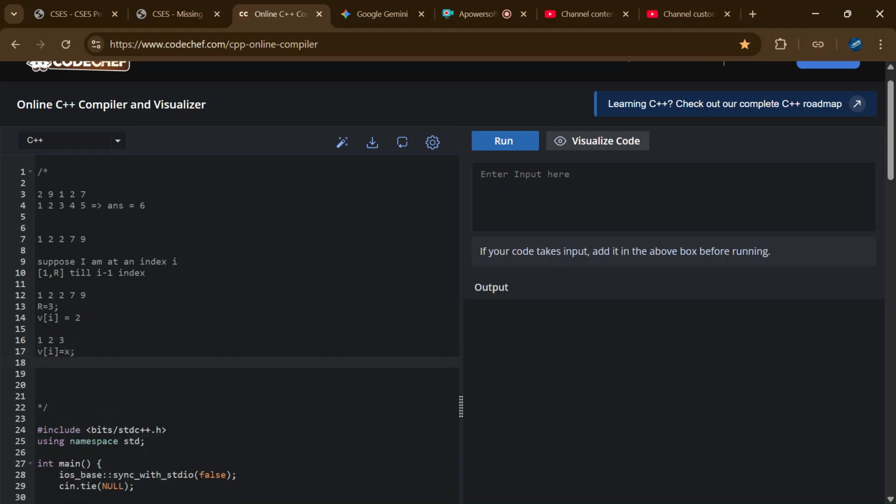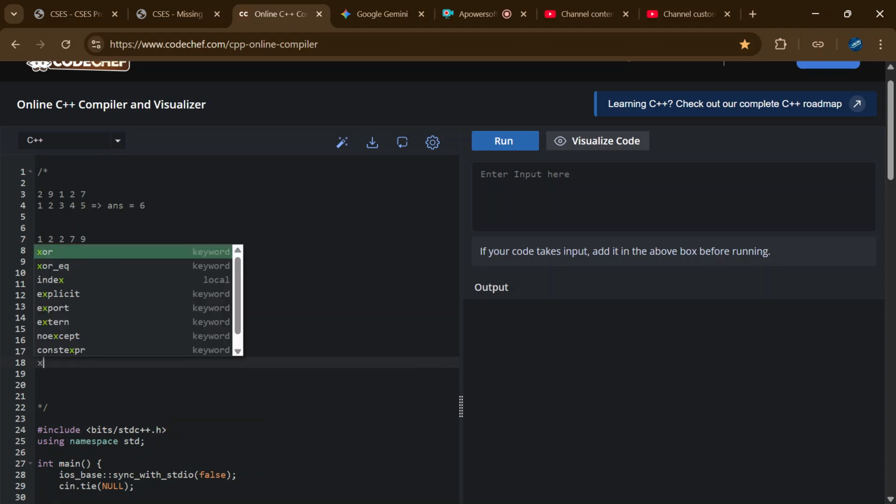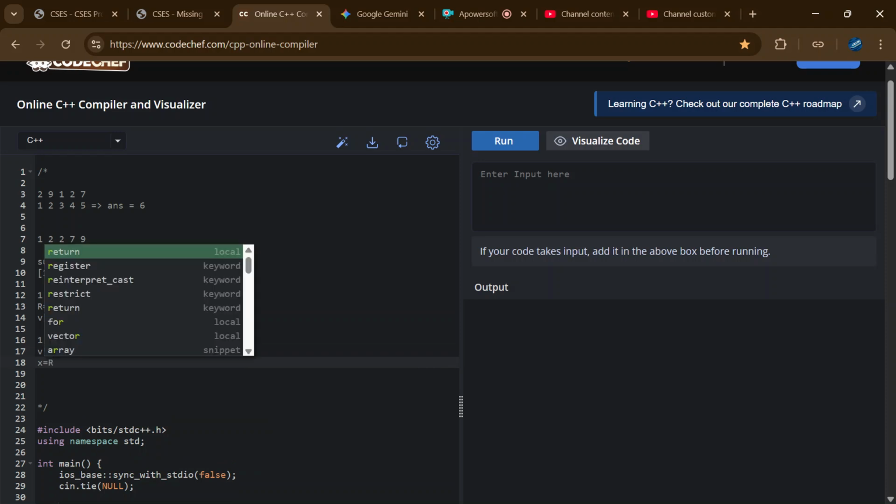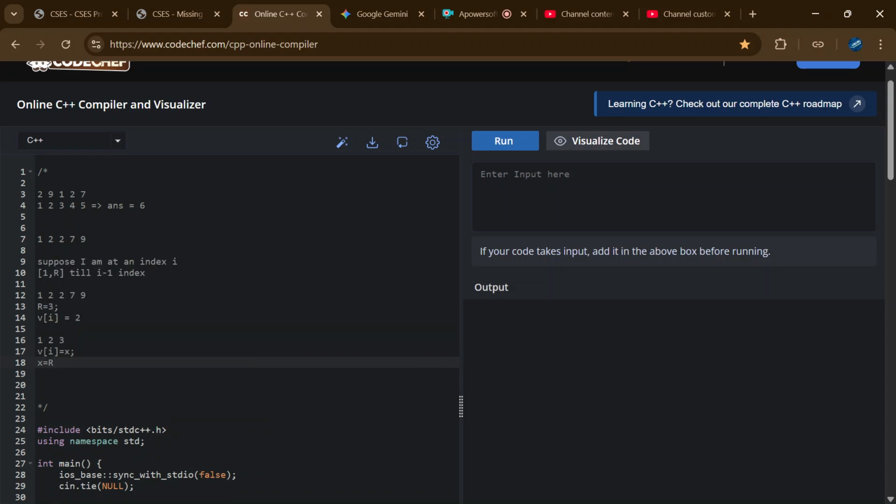So what should be the value of x so that we can make the next number? x should be at most r plus 1, or we can say r. If x equals r, since we could already make 1 to r from the previous indices, and we have one r here, we can definitely make r plus 1.